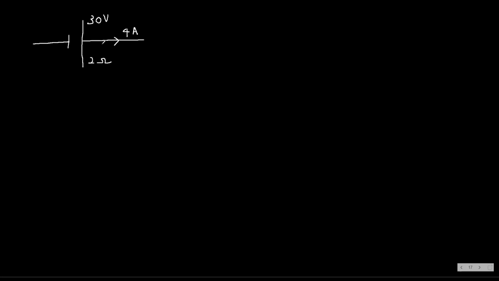Now, current is passing towards the positive terminal or passing away from the positive terminal? Away. Then the equation is E minus IR or E plus IR? E minus IR.